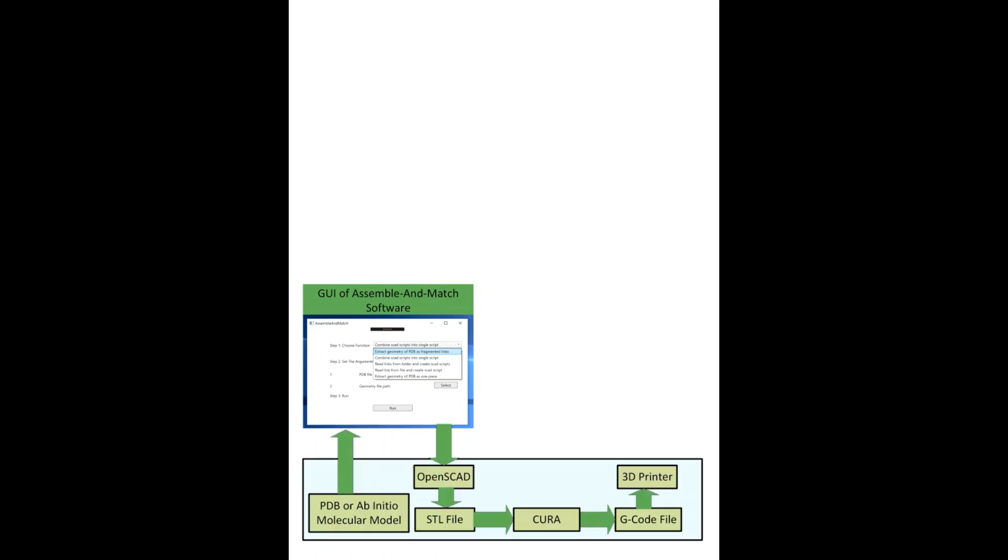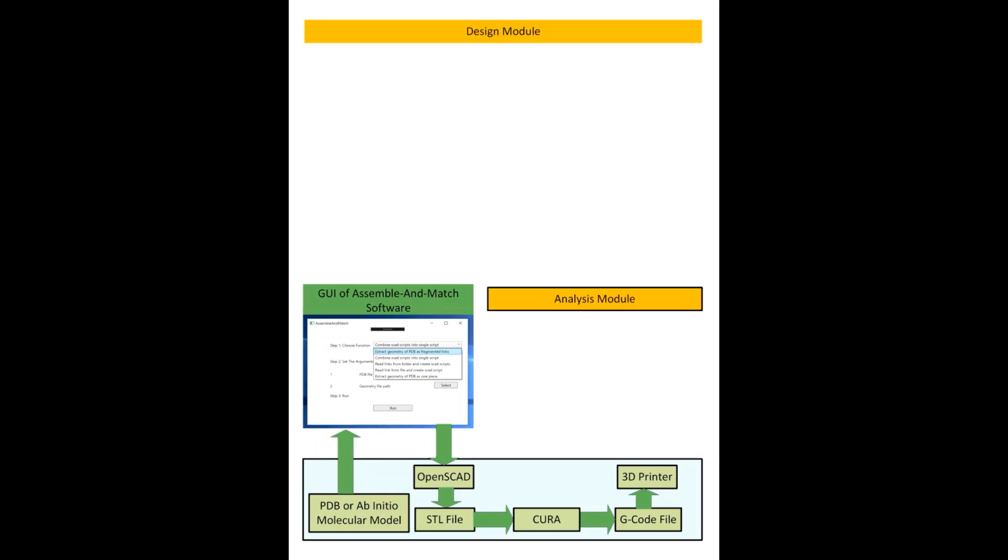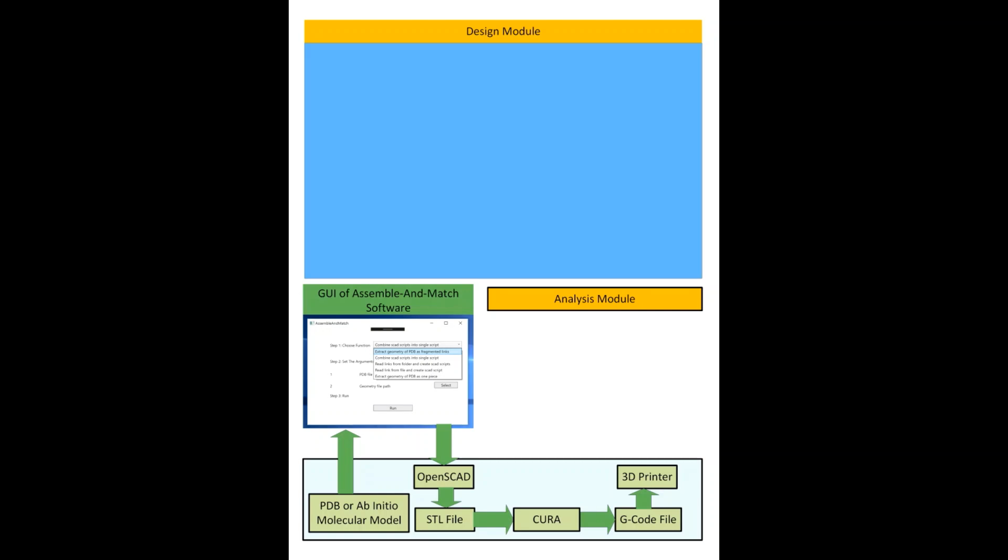Through a user-friendly graphical user interface, and in conjunction with several open source software packages, the user can benefit from the wide range of functionalities enabled by the design and analysis modules. The design module provides high customizability.